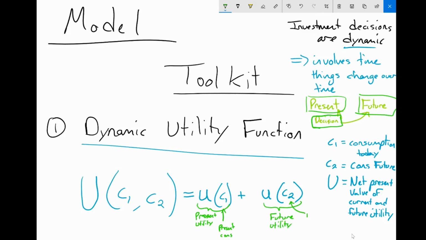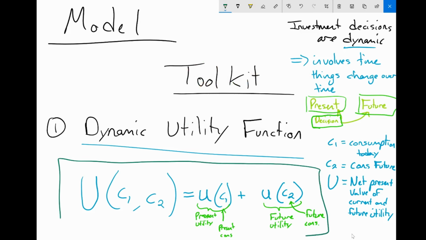And C2 is future consumption. Okay, so here it's a utility function. This whole thing here is a utility function that accounts for the present and the future. Okay, so we have a utility function that accounts for the present and the future. All right, so that's the first toolkit. We need to have that.